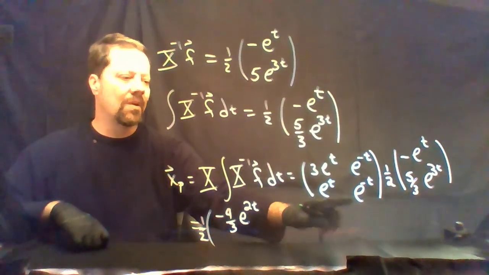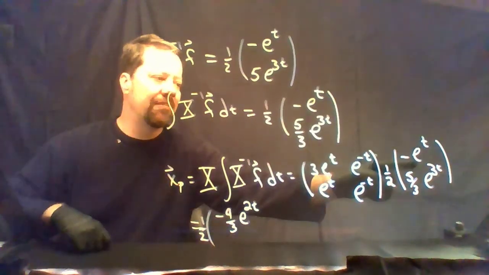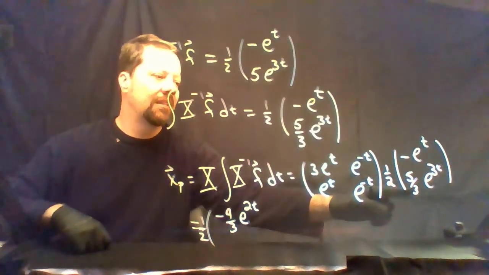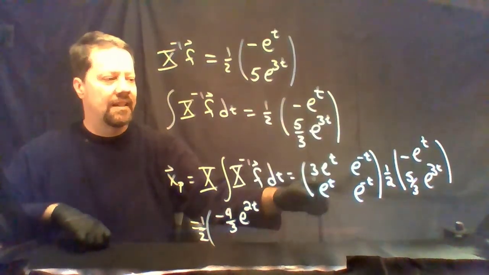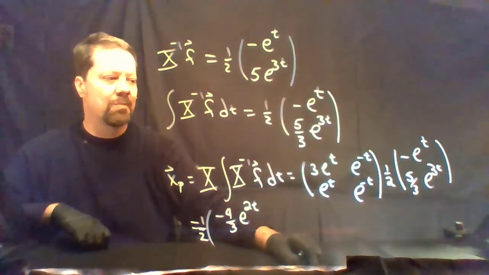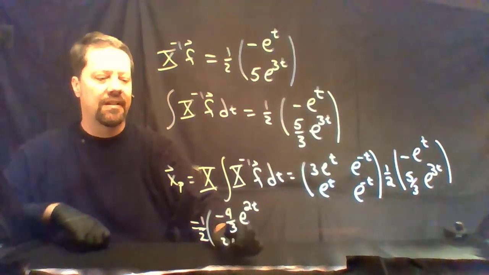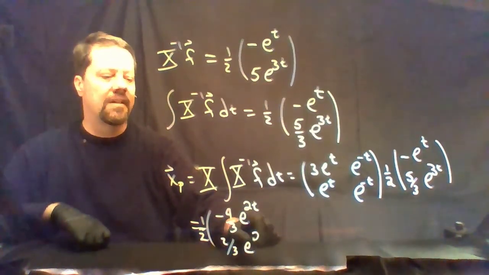In the last coordinate, we'll have a negative e to the 2t and a 5/3 e to the 2t. Negative 1 is negative 3/3 plus 5/3 is 2/3 e to the 2t.